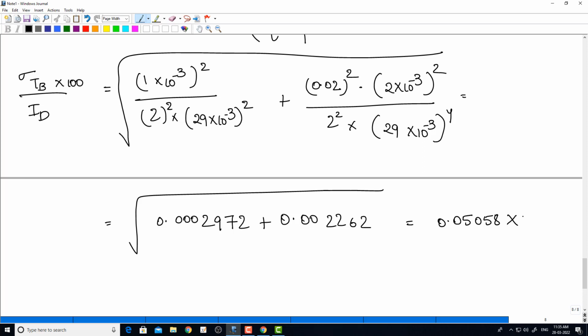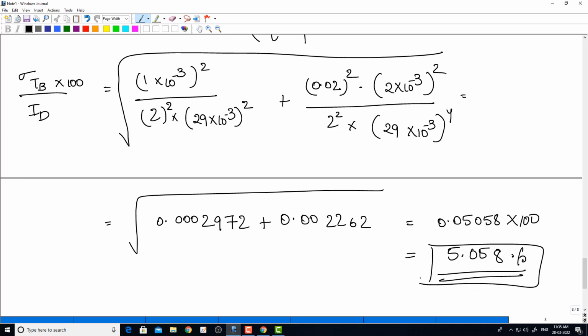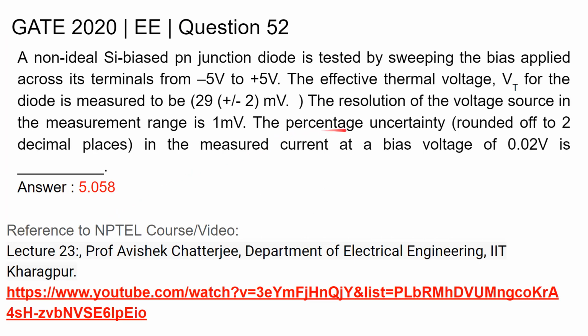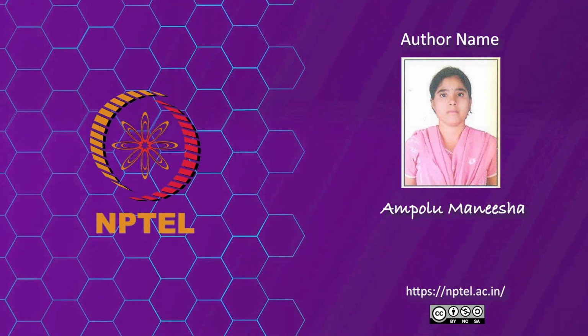This is percentage, right? So that is 5.058 percent. So this much uncertainty is there. So the percentage of uncertainty in the measured current is 5.058. Thank you.